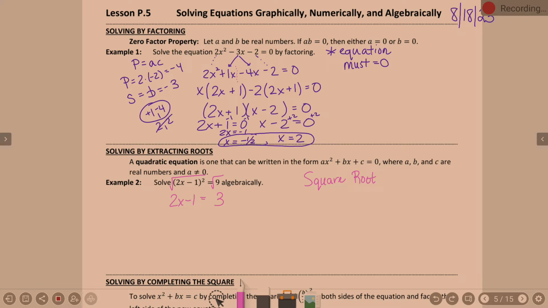Sorry, I'm writing a side note over here. The fact that what we did, we square rooted both sides. Is that it? No. To solve for x, I'm not quite ready to solve for x yet.